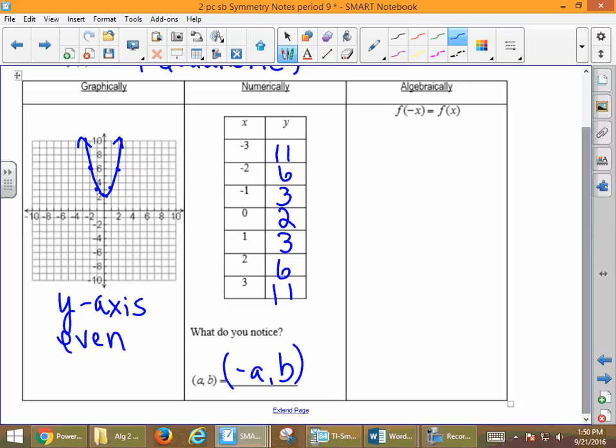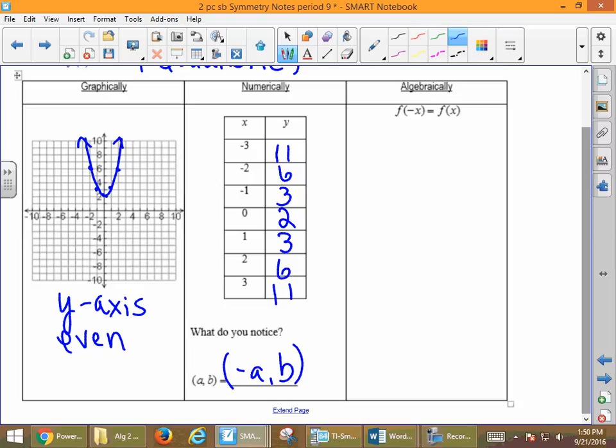The negative 3 changed sign to a positive. Negative 2, 6, we also have positive 2, 6. So we have the opposite of negative 2 to give us positive 2. It also works with negative 1. Negative 1, 3, we have positive 1, 3. The opposite of negative 1 is positive 1. And there we have that.